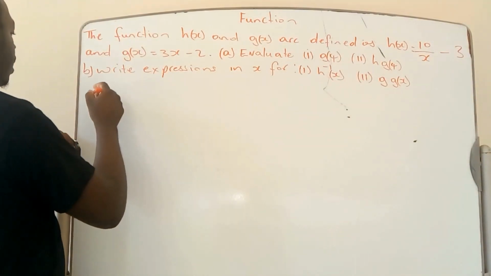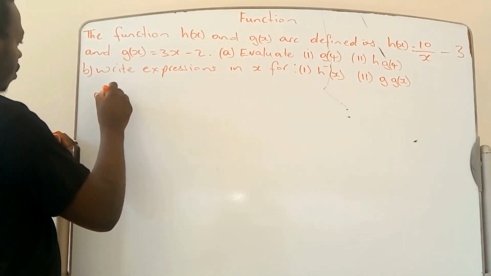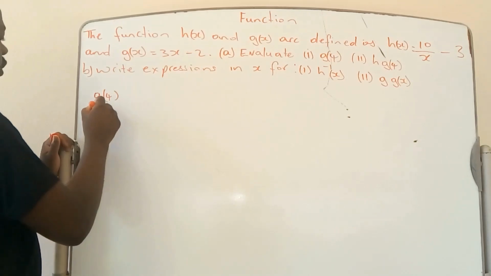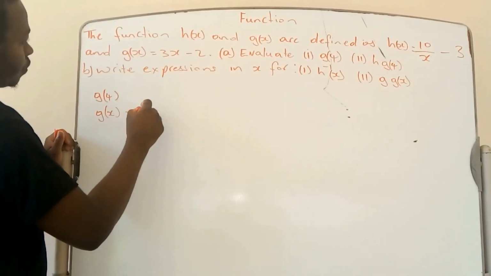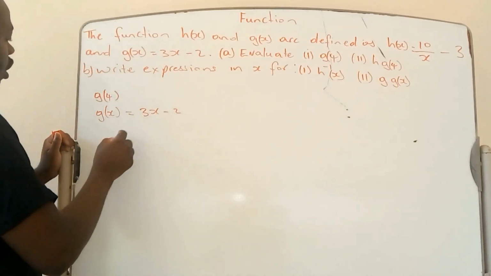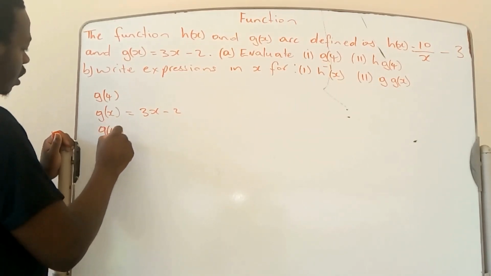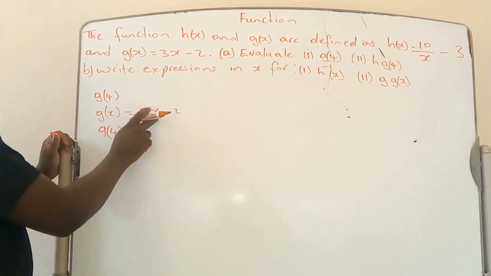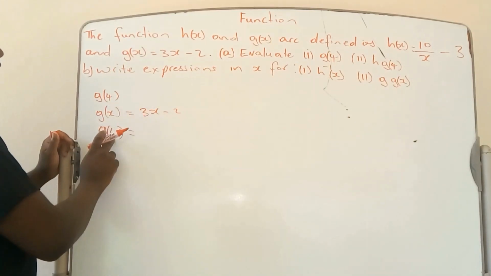So, if we're going to evaluate g of 4, we need the function g of x. We know that g of x is equal to 3x minus 2. Here, we want to find g of 4. So g of 4 is equal to, anywhere you see x in the function g of x, replace it with 4.